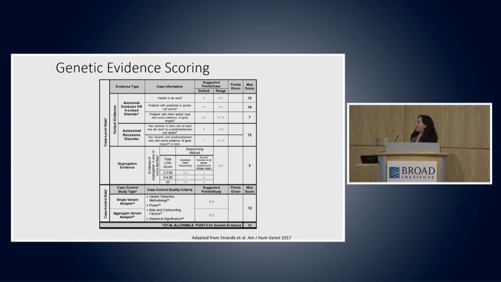And each type of variant, because all the cases are separated by types of variants, has a maximum total score that you can score using those types of variants. For example, for a proband with another type of variant that's not null, so most likely a missense variant, you can only get a max of 7 points with those types of probands. And we'll talk about this in more detail too.